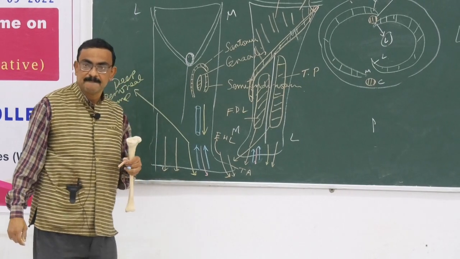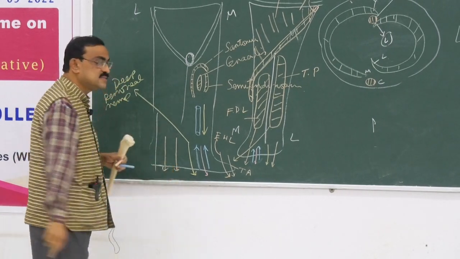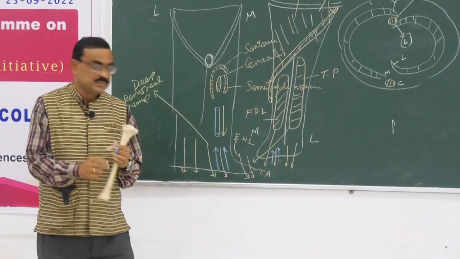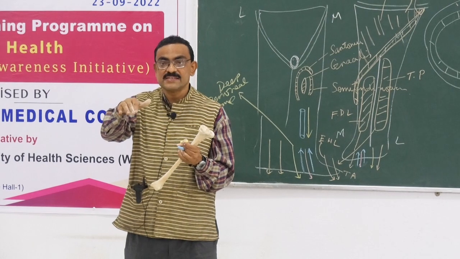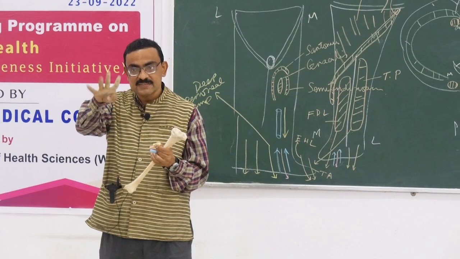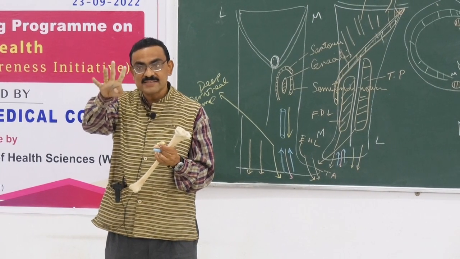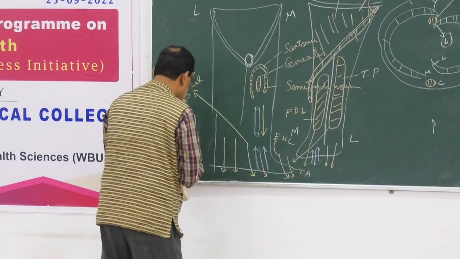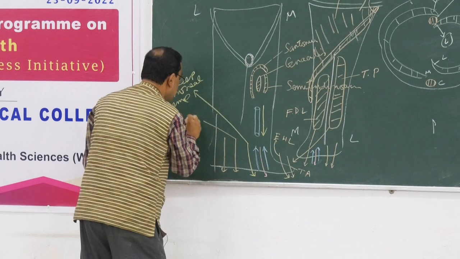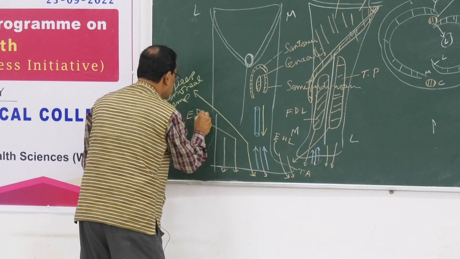Then these two tendons. This tendon is for the extension of the digits, extensor digitorum longus.